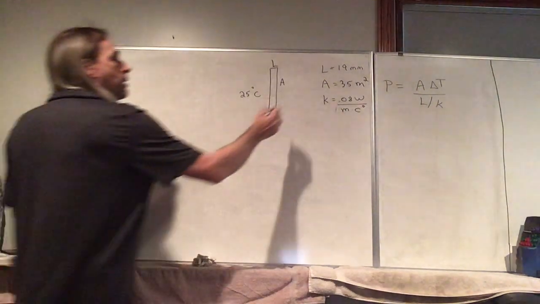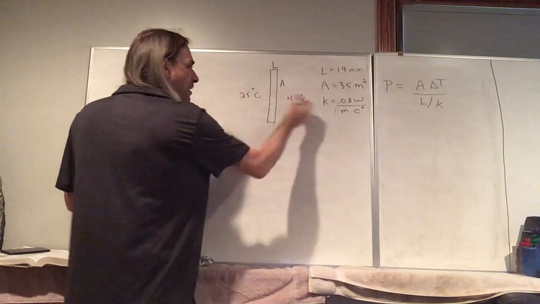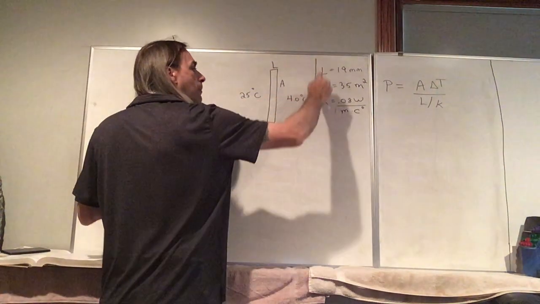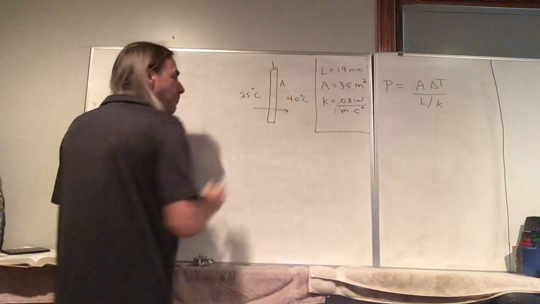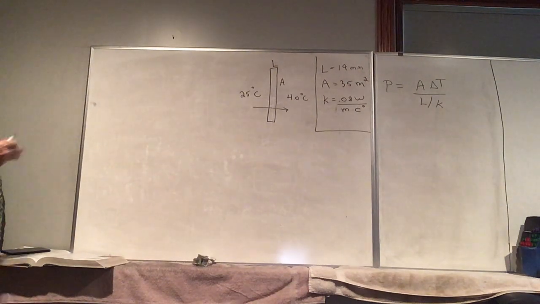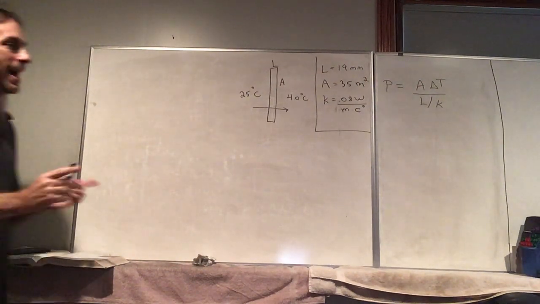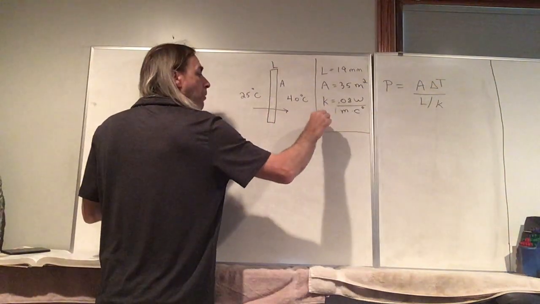Outside the house is 4 degrees. And so there's a temperature difference, and energy is going to flow from hot to cold. It's going to go through this wall if it needs to. And we want to know how much heat is going to flow out of this house in 1 hour. So let's say T is 1 hour.